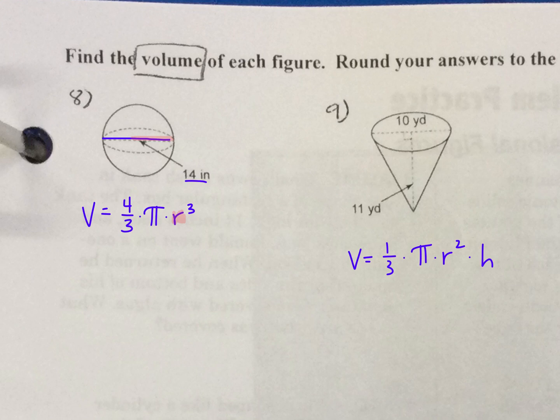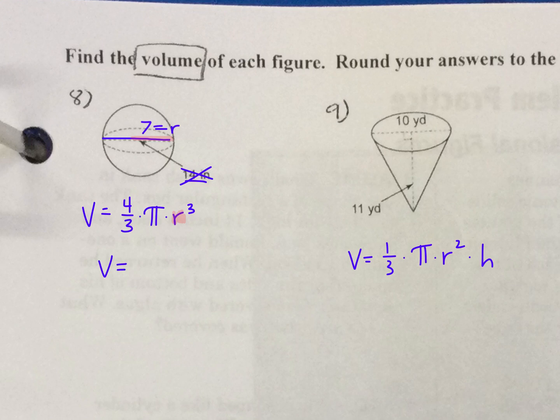So if the whole line is 14, the half would be 7. So now you have all the information you need to type a 7 in for r and get your volume.